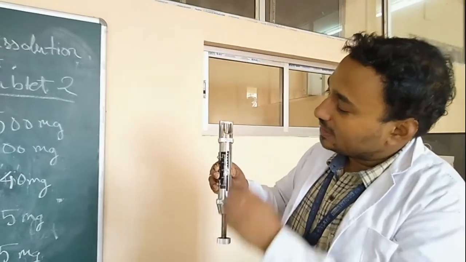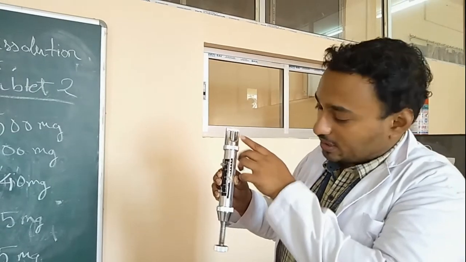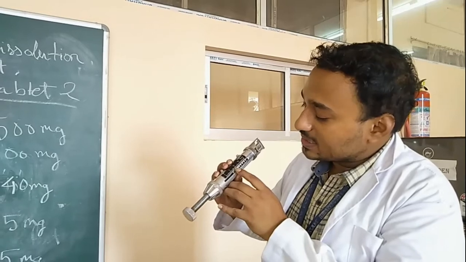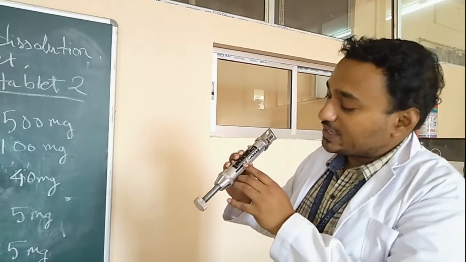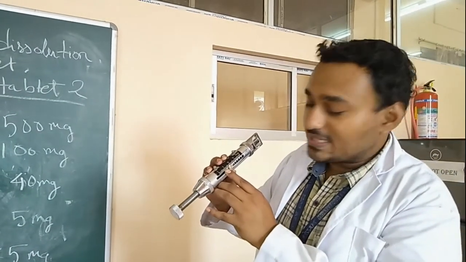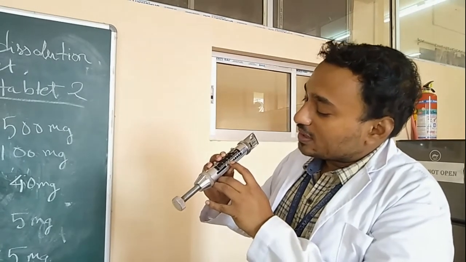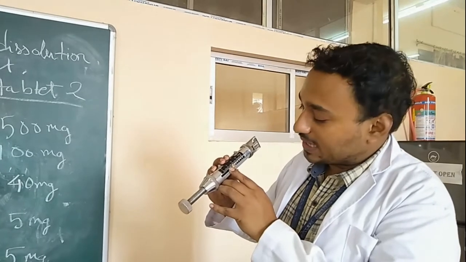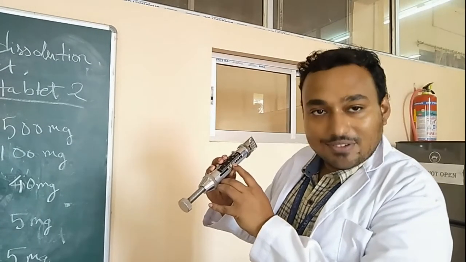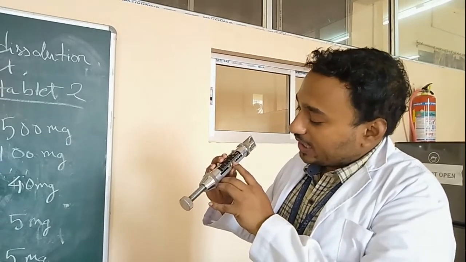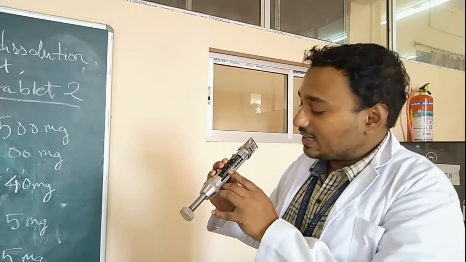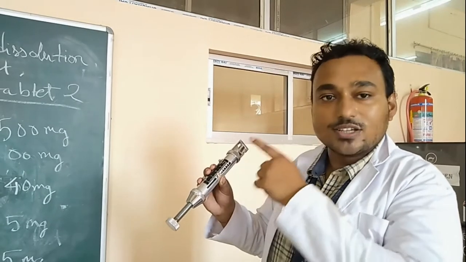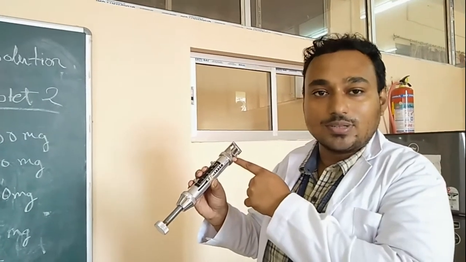You can see the tablet is already broken. It started from 5 and now it is up to 7. So we take 5 as 0, and up to 7 we can calculate the total hardness of the tablet. The hardness of that particular tablet is 6. By this process we can calculate the hardness of the tablet.